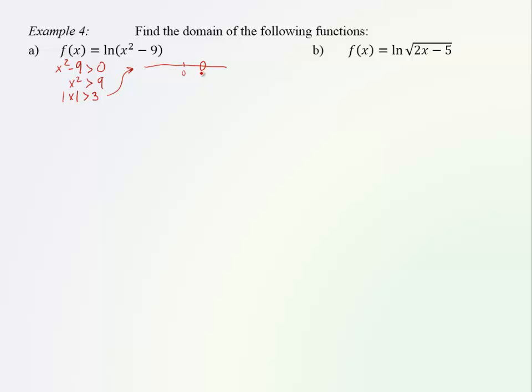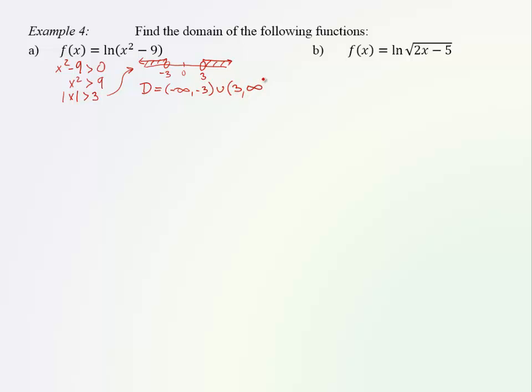So either from 3 up or from -3 down, without the endpoints, because it's strictly bigger than 0. Okay, therefore I'm ready to give the answer for the domain. The domain is, and read what you see on the diagram, from -infinity up to -3, or the union from 3 to infinity.